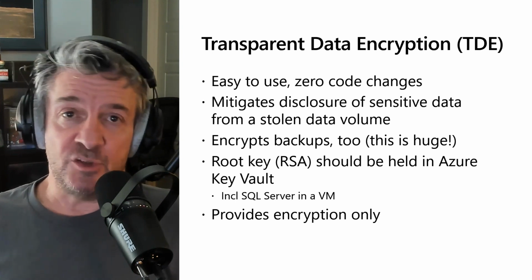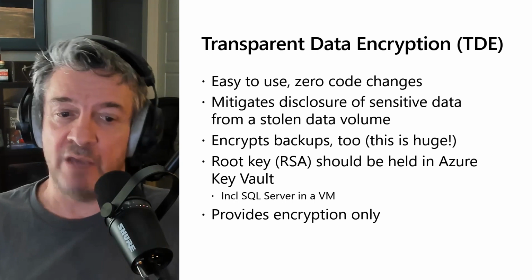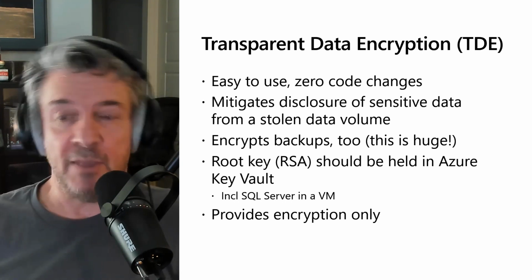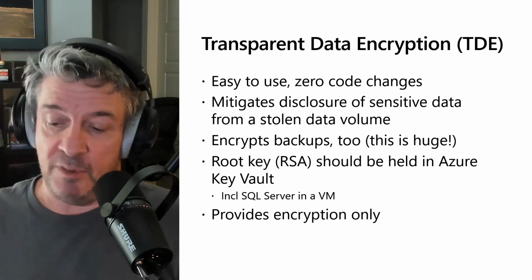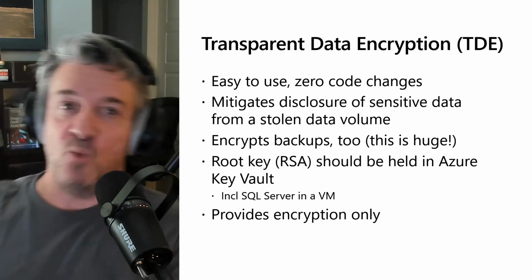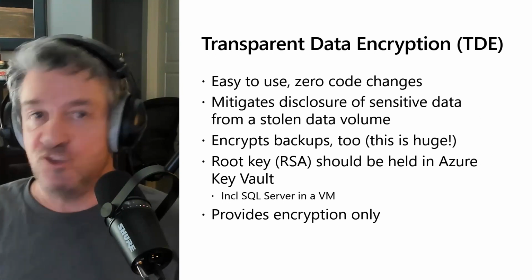This is designed to mitigate disclosure from a stolen device, a stolen hard drive, or even a stolen machine for that matter. But it also encrypts backups. This is really important because the backup, if it's stored away somewhere, perhaps on-prem or in a storage account, the key is nowhere to be found.